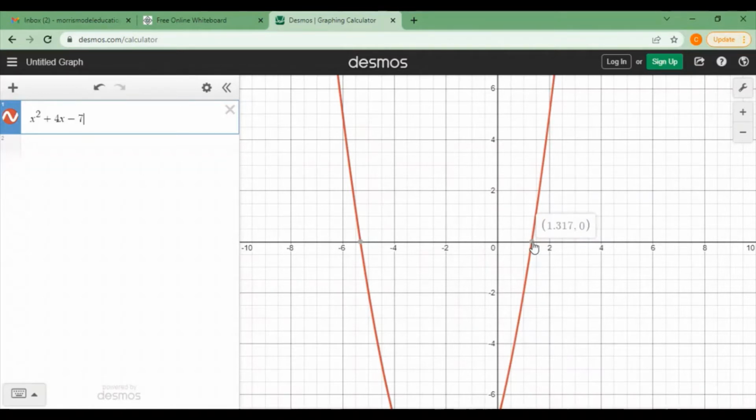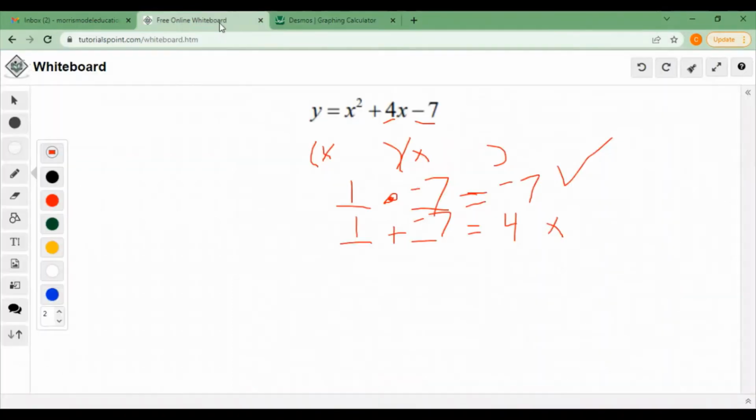What you'll notice a lot of times is that the ones that don't factor have irrational x-intercepts. They're these nasty decimals, not integers. But they still exist, so we can't just act like they don't, and so we have a little bit of a problem.